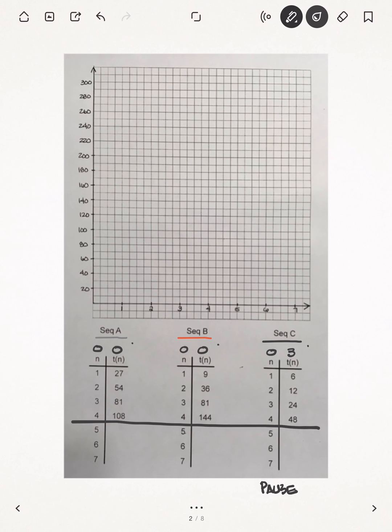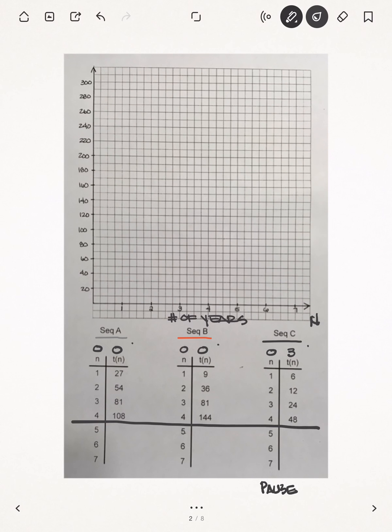I also put my starting values in. And I am going to put N in here because that's where my X would be. And what does N represent? They said on the other page that N was the number of years. That's our time.